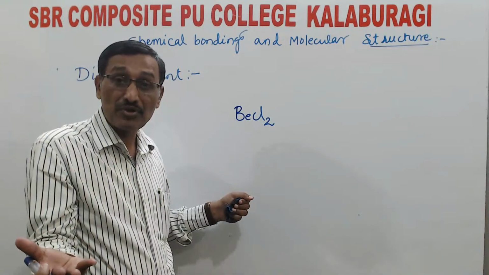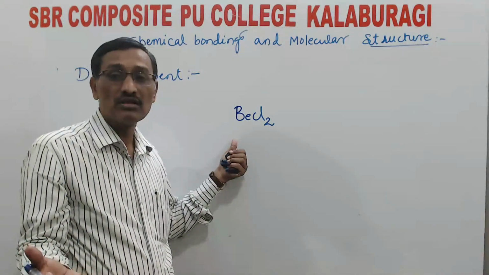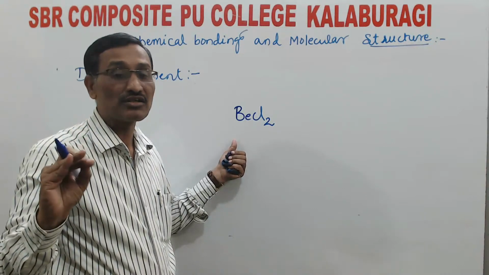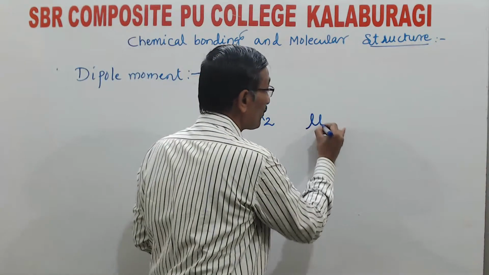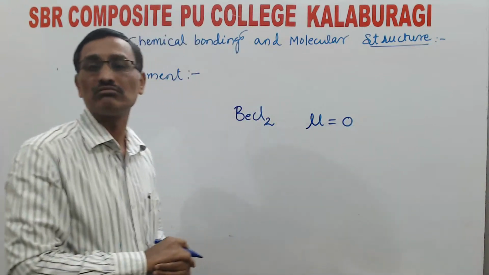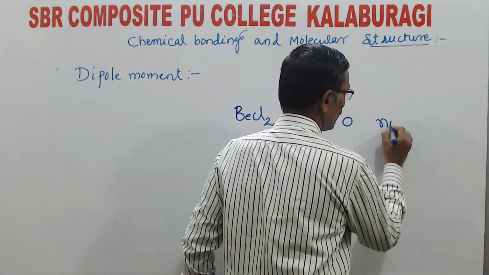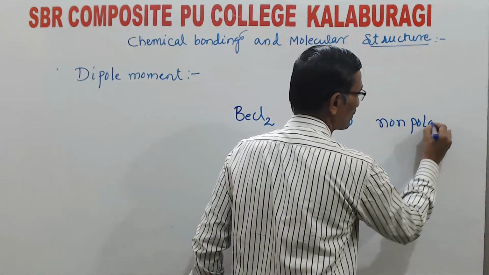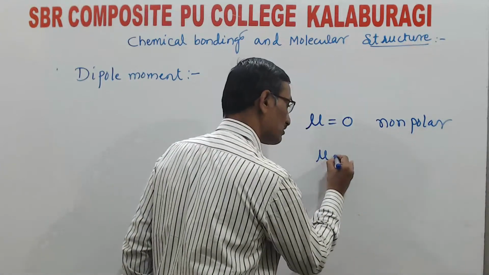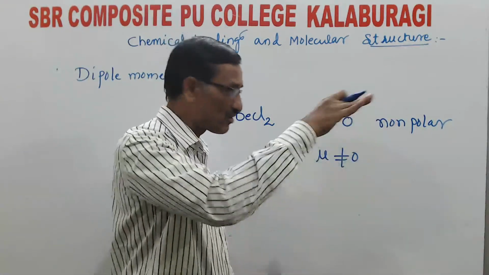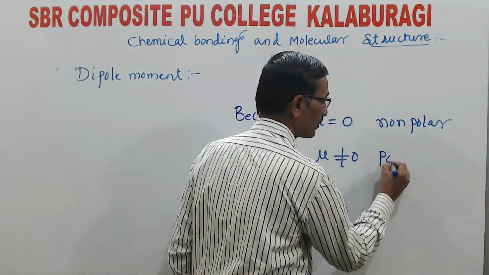Maybe there is a charge separation, but this molecule is non-polar in nature. Why? Dipole moment value is 0. If the dipole moment value is 0, then it is non-polar, student. If the dipole moment value is not equal to 0, meaning it has a value, then it is known as polar.